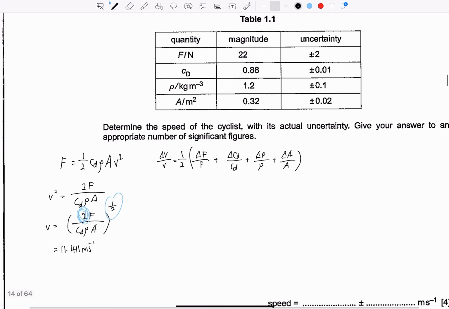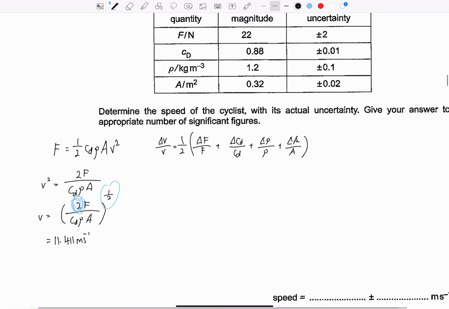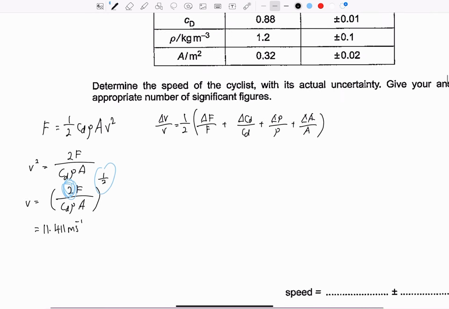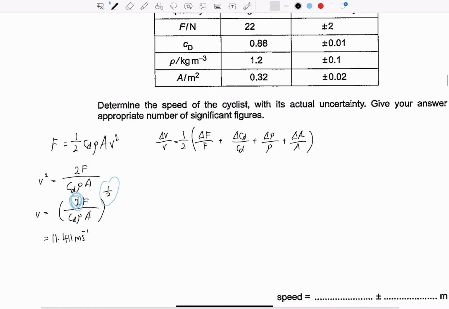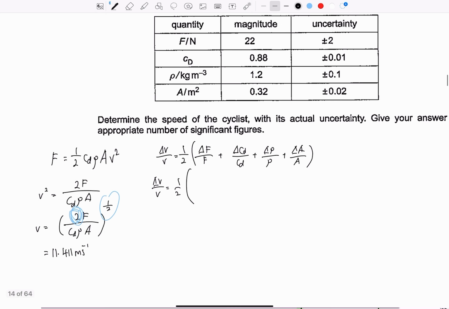So the next step is to plug in all the numbers and to solve for delta V. Right, let's do that. So delta V over V equals 1 over 2. You can just straight away throw in all the numbers. So it's 2 over 22 plus 0.01 over 0.88 plus 0.1 over 1.2 plus 0.02 over 0.32.